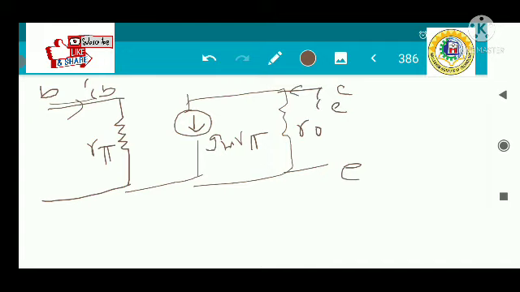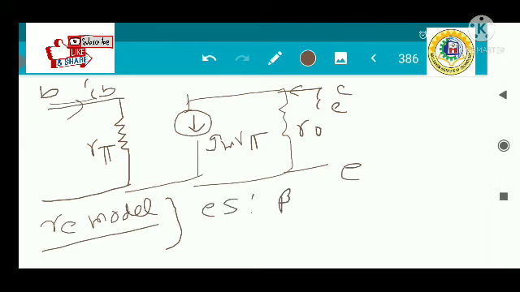Now what is the difference between the RE model and this model? In the RE model, the current source is actually beta IB. But here the current source is GM into V pi.